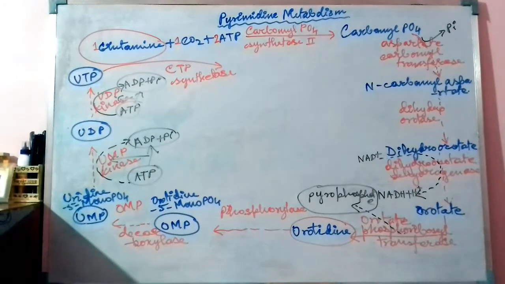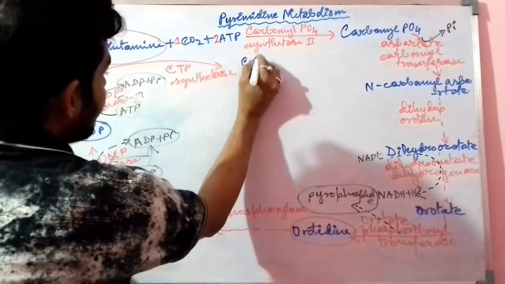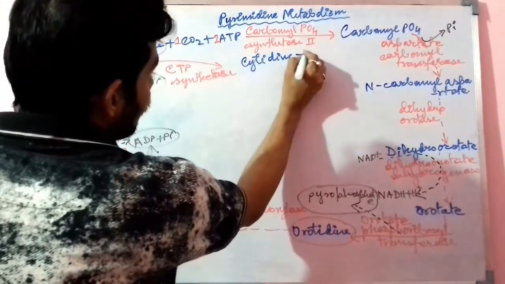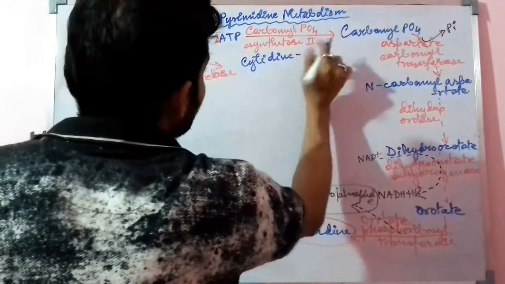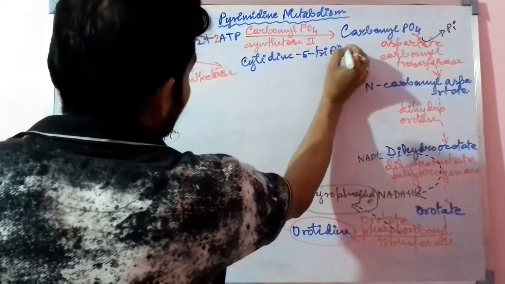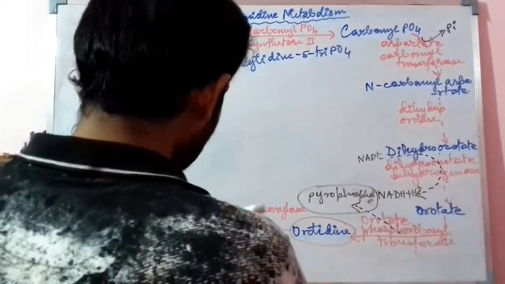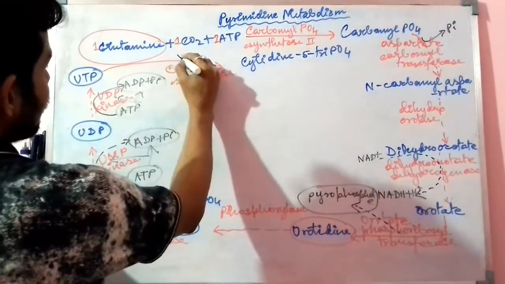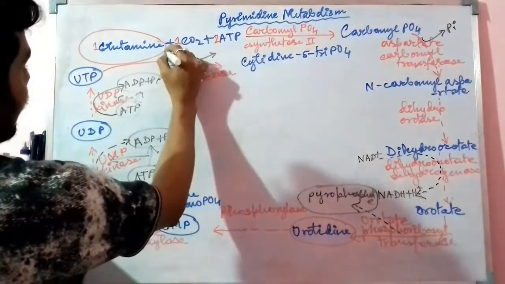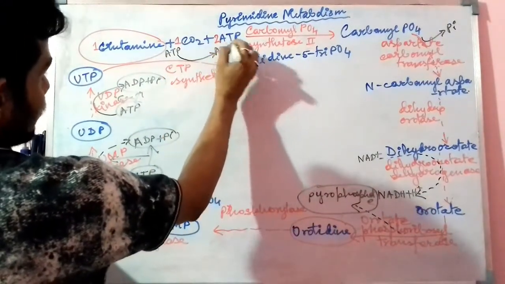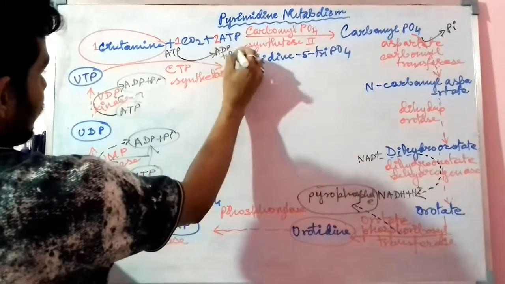Cytidine 5 triphosphate, and that too in the presence of ATP, which gets converted to ADP plus Pi.